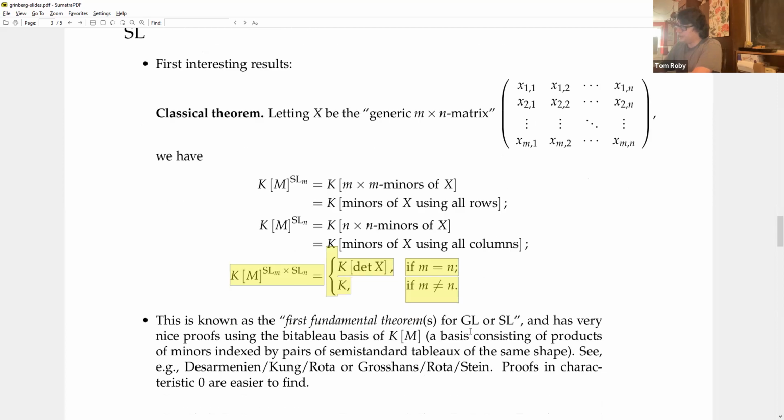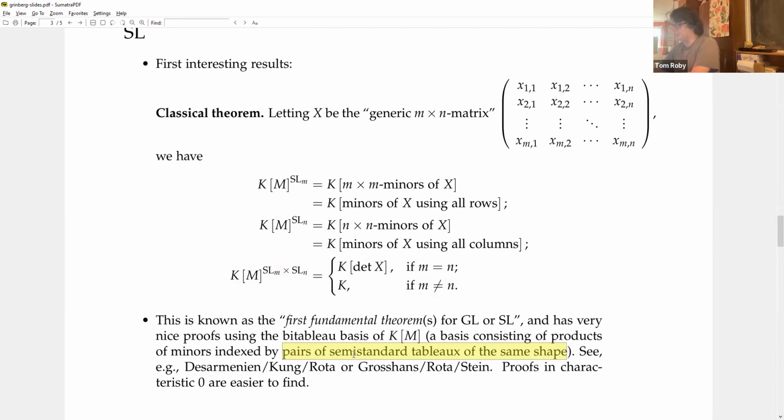My favorite proofs of this theorem use the so-called bi-tableau basis. So the obvious basis of the polynomial ring is, of course, all the monomials, but this is not a very good basis to do invariant theory with. So you switch to another basis, which is indexed by pairs of semi-standard tableaus of the same shape. I think you have seen this somewhere.